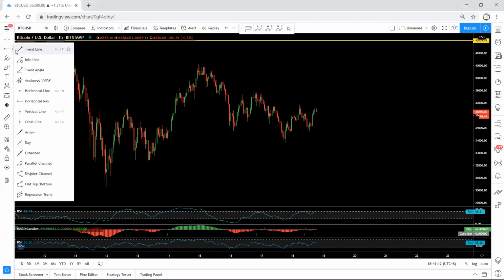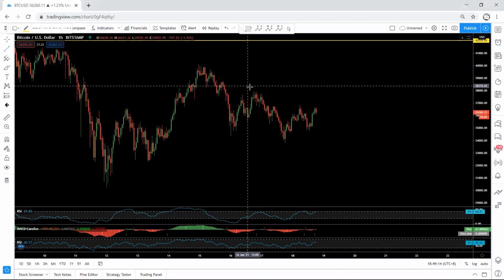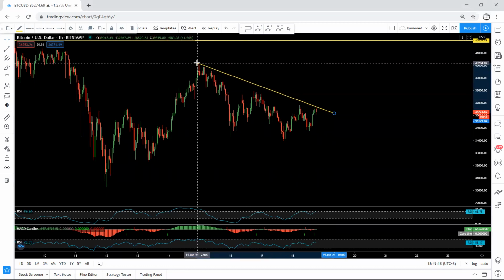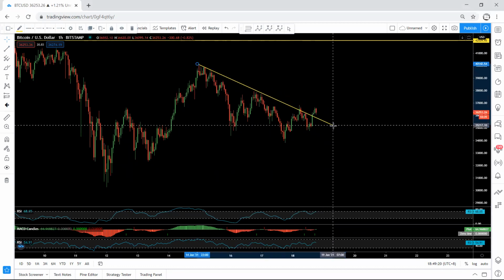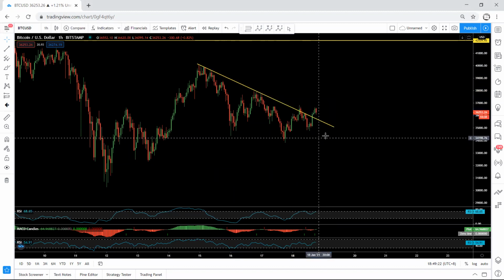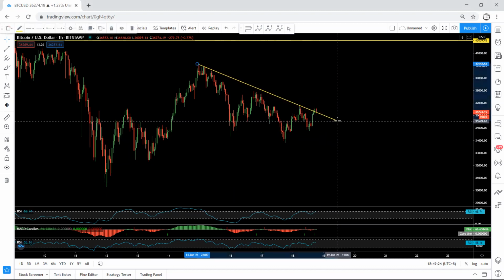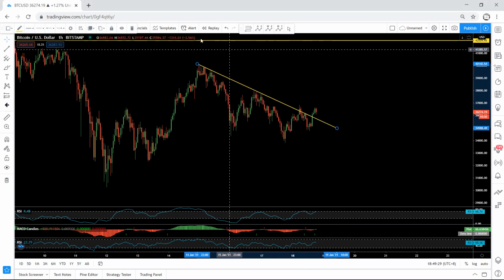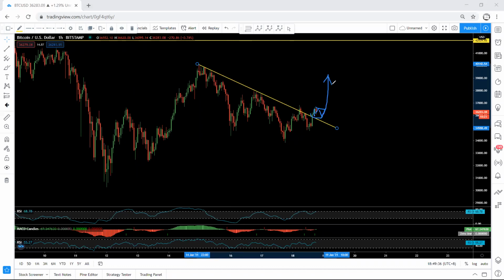The best way is to wait for the breakout of this. Whether we put this one here and say this is the breakout, I think the best is we put it here at least. It depends on the traders whether they want to put it here. If they do, they need to wait for the correction before we take the buy.